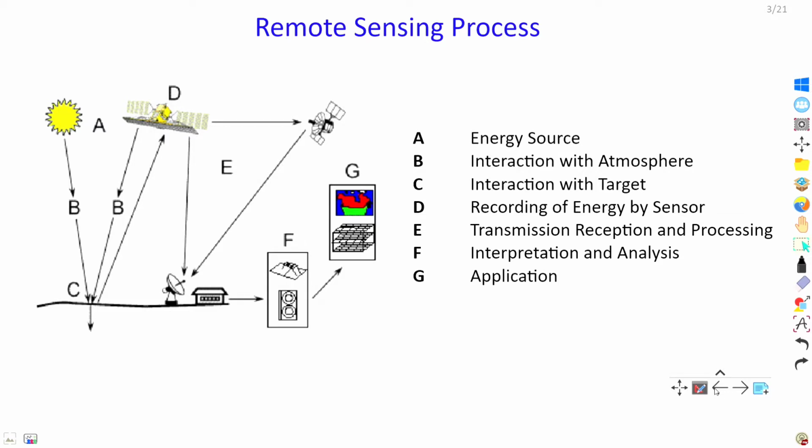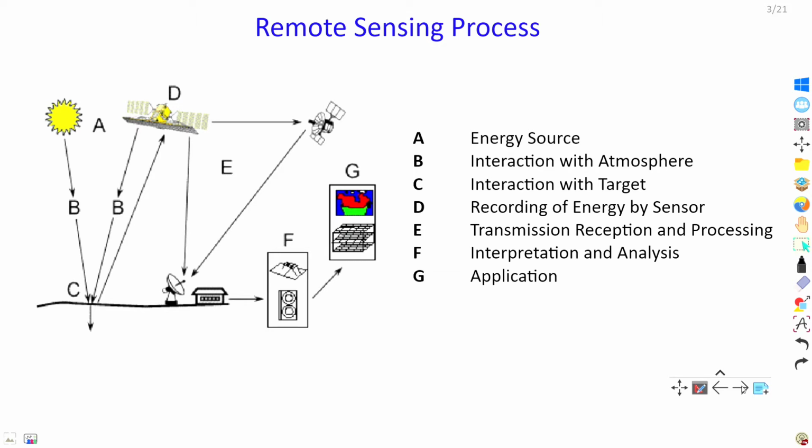Here is a schematic diagram of the remote sensing process, how it occurs. First, it says that the energy source comes in the form of electromagnetic radiation, then interaction with the atmosphere takes place, then interaction with the target takes place, then recording of energy happens, then transmission, reception and processing happen, then interpretation and analysis happen, and then at last we use that information for various applications. So we will see each step one by one in depth.